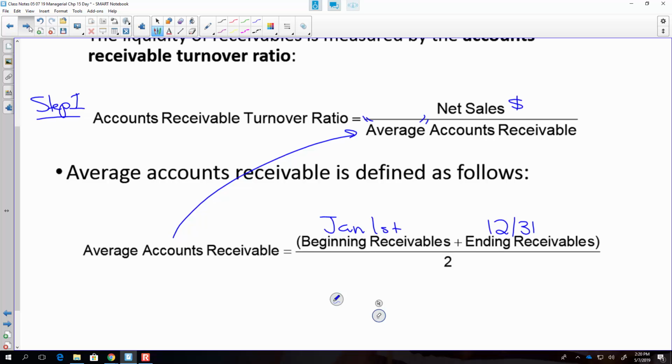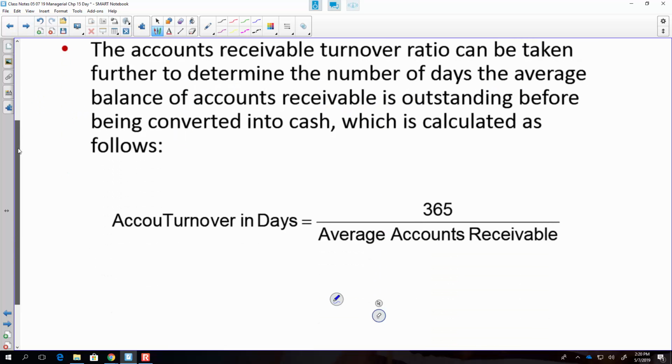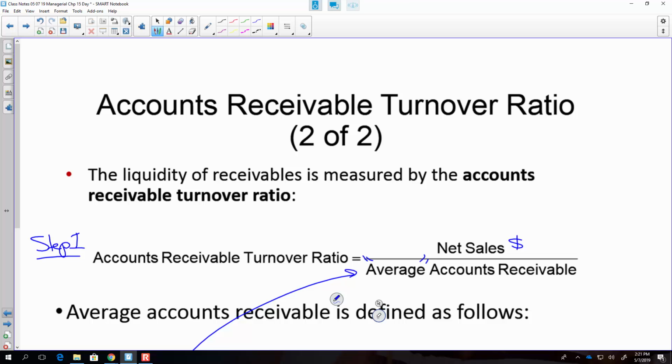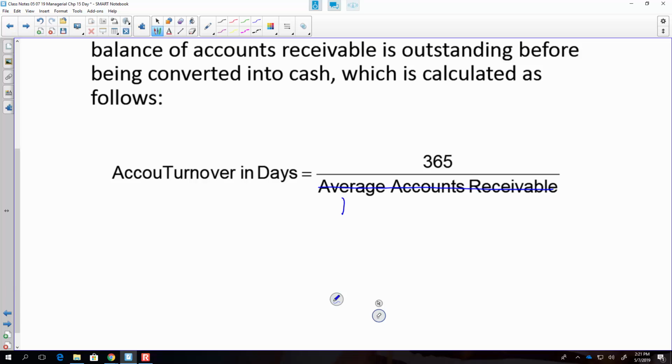Once we have the ratio, you got to convert it into days. So we take that, this is wrong, cross that out. We take step one's answer, our turnover ratio, that's what should be here, and we divide that into 365.